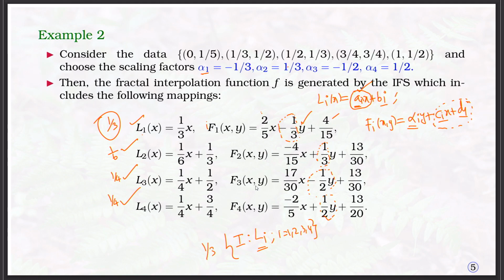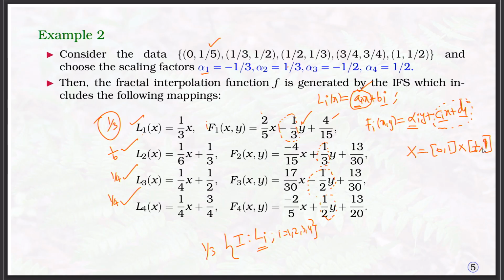Similarly, this F_i is acting as a contraction on x, where x is 0 to 1, cross the range of y. The minimum value among the y is 1 by 5 and the maximum value is 1 by 2. So, on the safer side, we can take a as 1 by 6 and b as 1, not an issue.